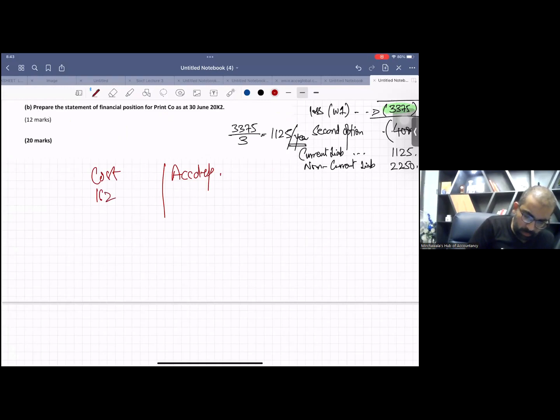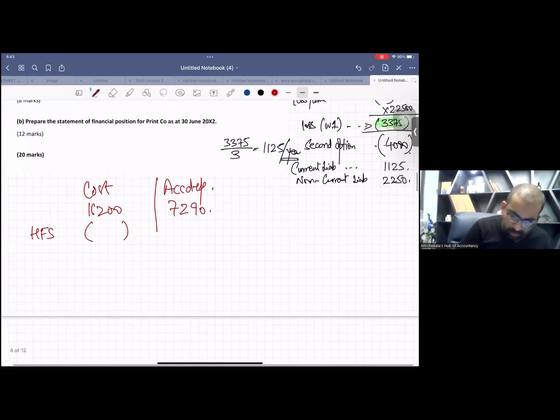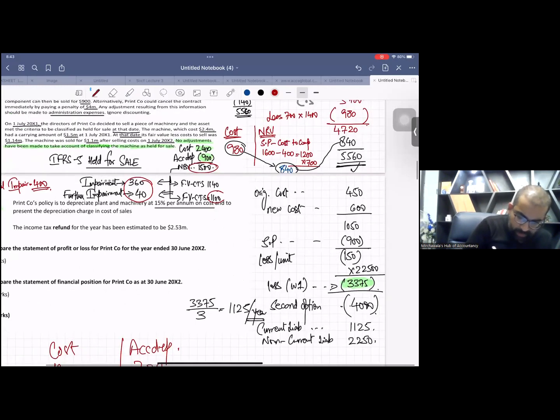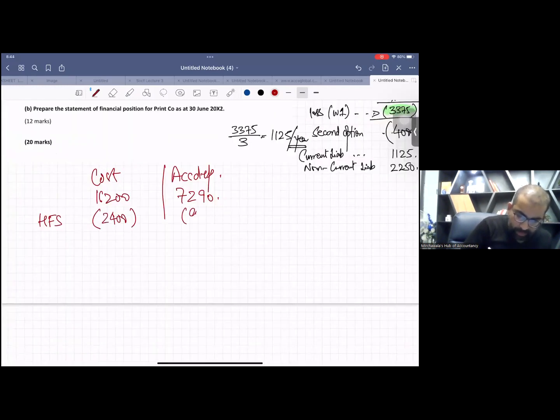The cost of the HFS asset was 2,400, and 900 is the accumulated depreciation.